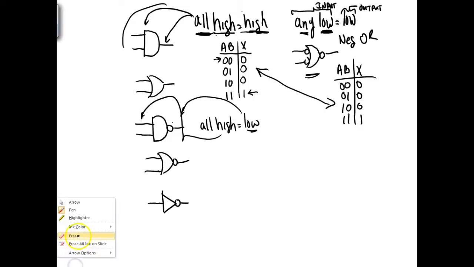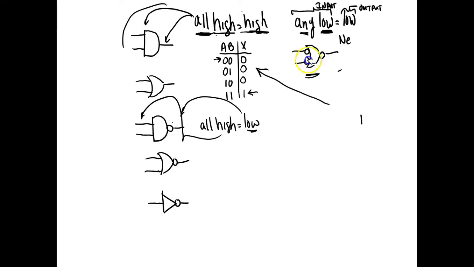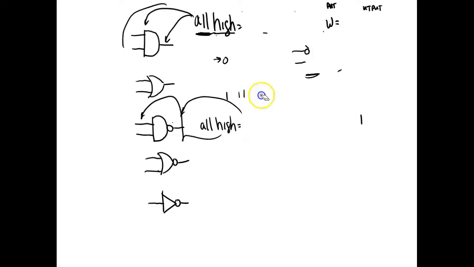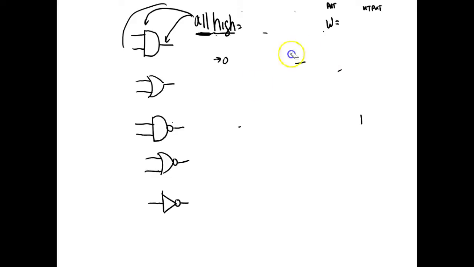So if I come over here, these are the same gate when you buy them by their positive logic symbols. When you draw your circuit, you draw the gate for what the gate is looking for. We'll look at the schematics in the back of the book in a second.